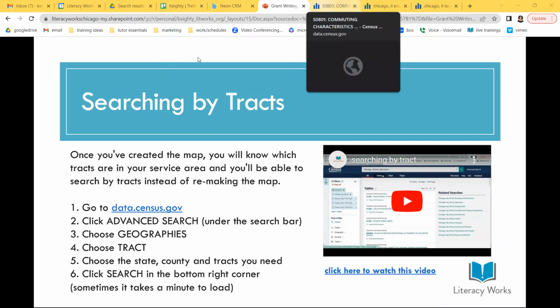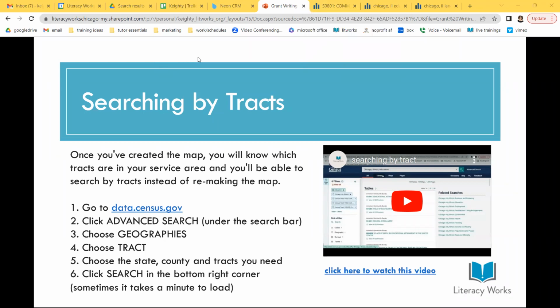So zip code is different than tracts. You can search by zip code. You're definitely going to have to practice, and it'll get easier once you are looking for the things you know. And we're going to have a chance right now to practice in groups, so you can have a little bit more feedback.